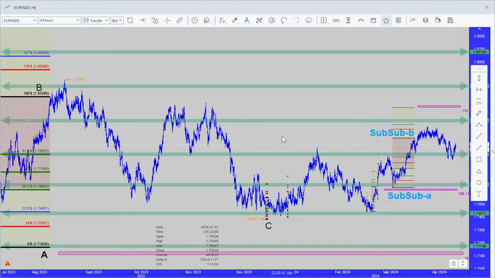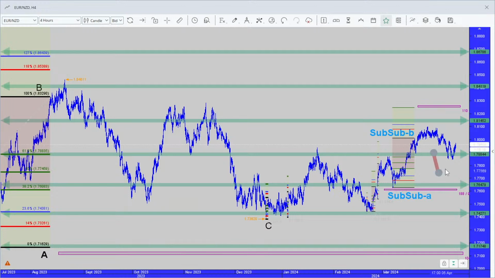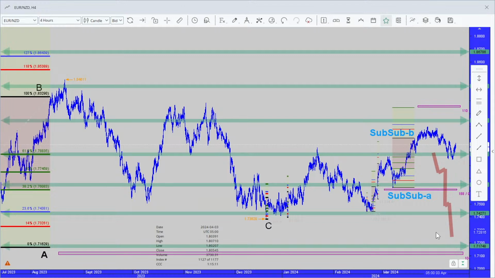Let's change the name, institutional. Professional traders follow rules non-negotiably. If you say I'm going to enter long on Euro New Zealand 4-hour chart and I'm going to put the stop loss below the sub A, and if the market goes against you, you stay in the trade. You don't freak out.